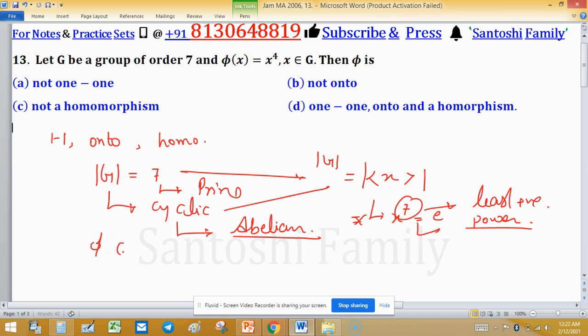Phi is given by the rule phi(x) equals x raised to the power 4 for all x coming from G. Here x is a group element and this is the generator, so you can call the generator A to avoid confusion. So phi(A) will be A raised to the power 4.